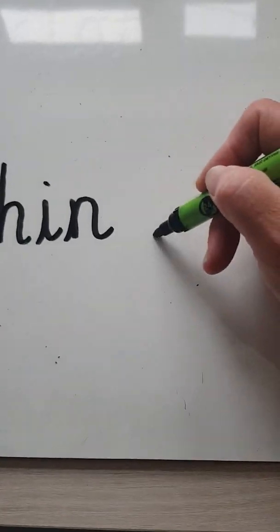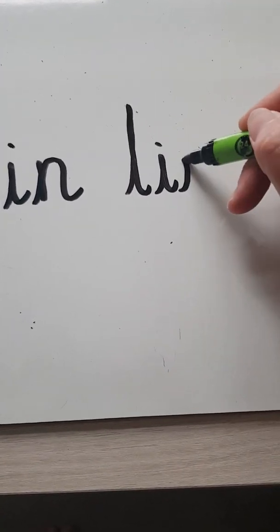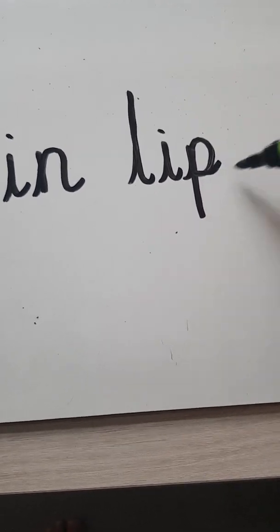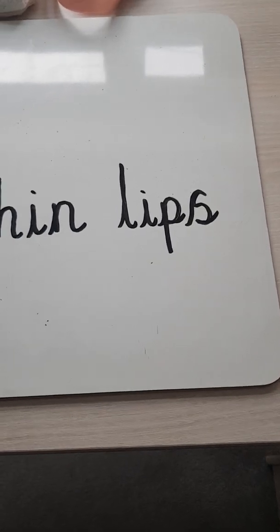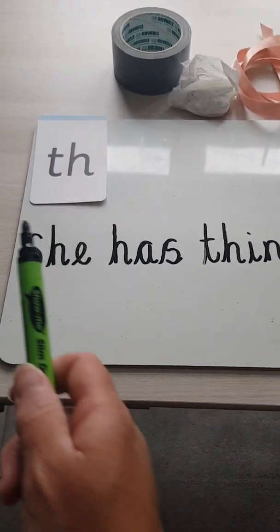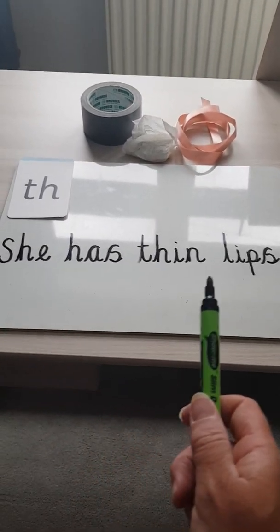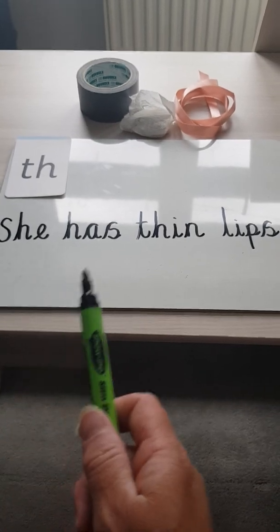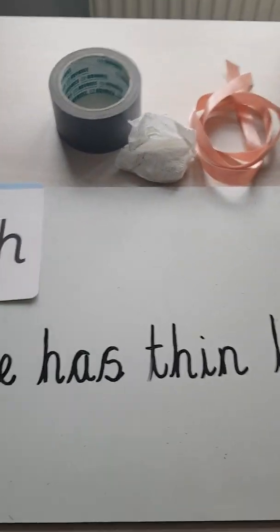Lips. What goes on the end of my sentence? I said a full stop. So we've got the sentence, she has thin lips. She has thin lips. Brilliant, brilliant, brilliant writing.